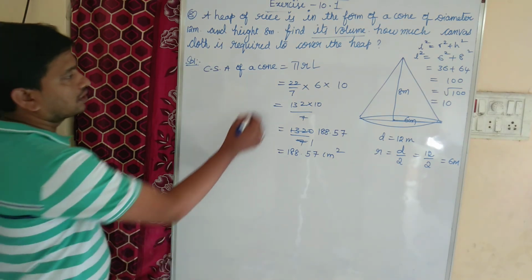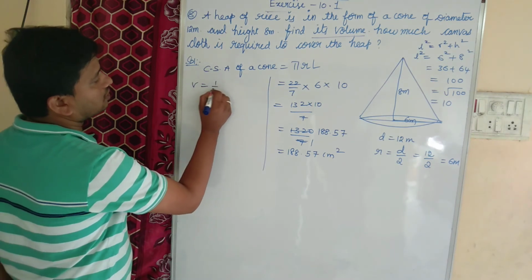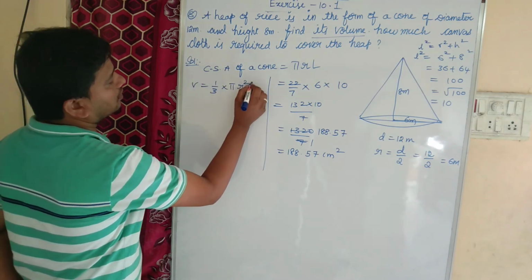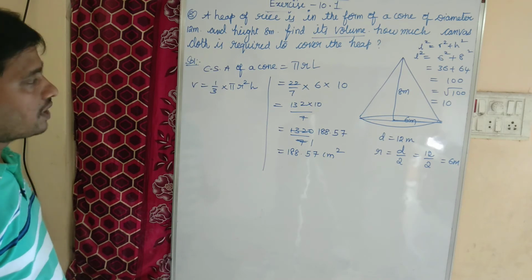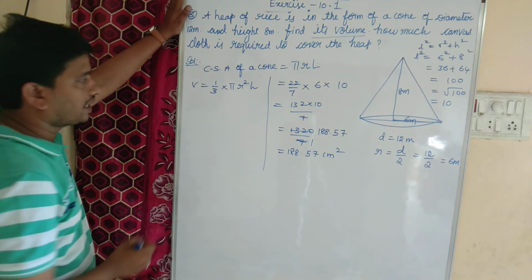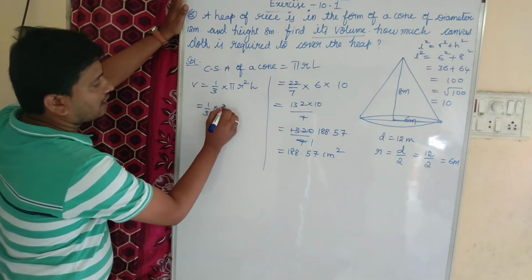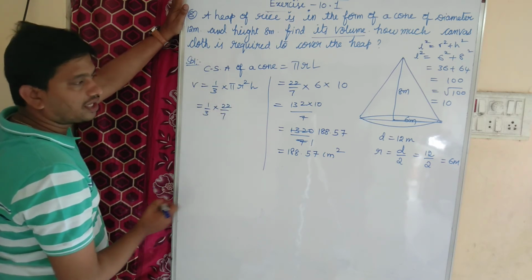The second one is they are asking to find volume also. What is the volume of cone formula? That is 1 by 3 pi r square h, right? So 1 by 3, pi value 22 by 7. What is the radius, children?